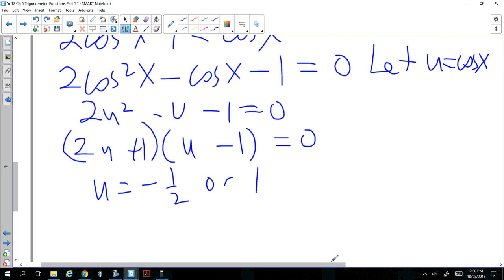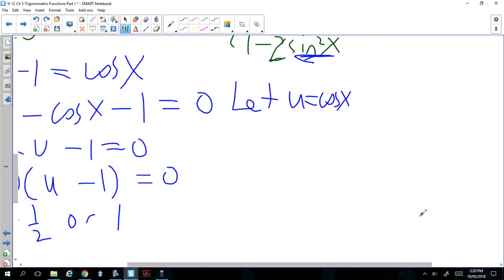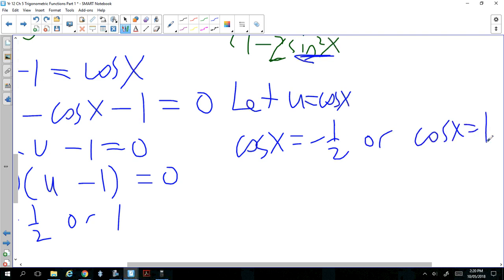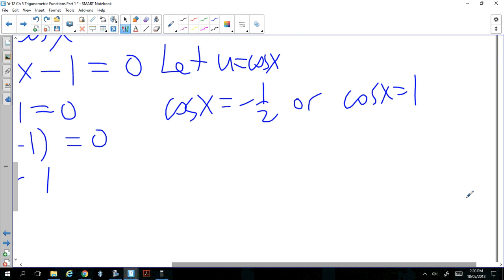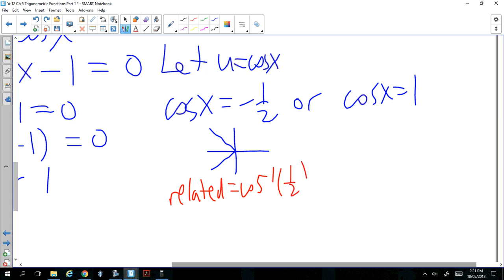For the first one, you have to look at the quadrant, negative in the second and the third quadrant. What's the related angle? You find the related angle by doing related angle equal to cos inverse of positive half. And if you know your exact values, that's 60 degrees, which is pi over 3. So write pi over 3 there, pi over 3 there. And then you can find x.